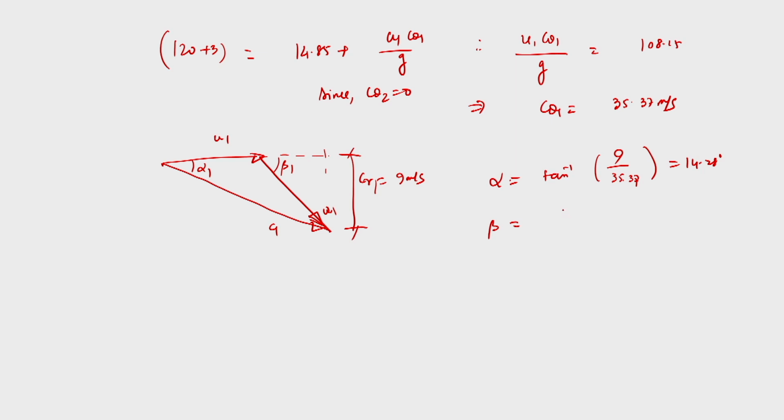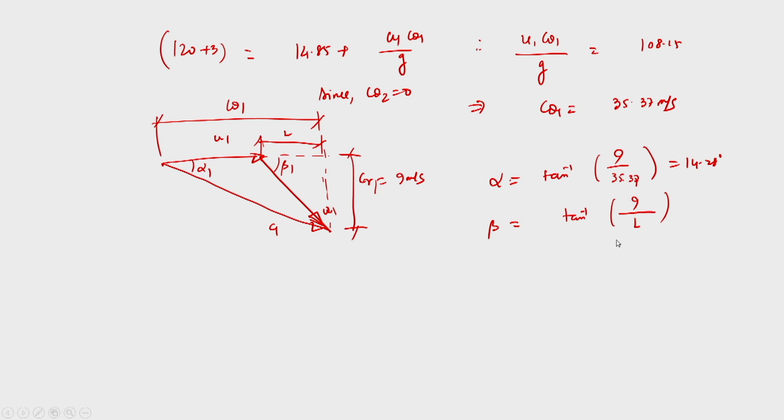Similarly, beta is equal to tan inverse 9 divided by, this entire thing is c theta 1. So, c theta 1 minus w theta 1, this quantity let us say L. So, tan inverse 9 by L, and what will be L?